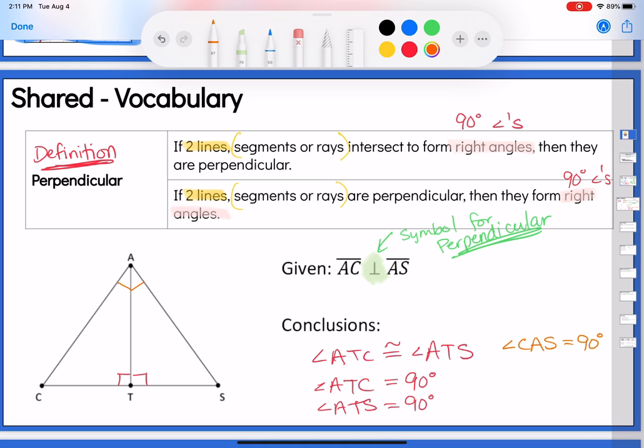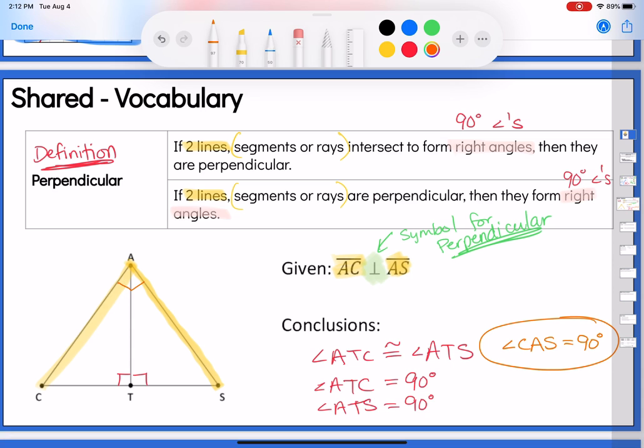So this comes back to being very careful about your given. This says that segment AC is perpendicular to segment AS. Those are the segments that are perpendicular. So which one of these conclusions is true? Only angle CAS equals 90 degrees.